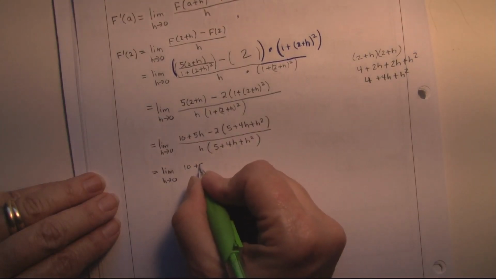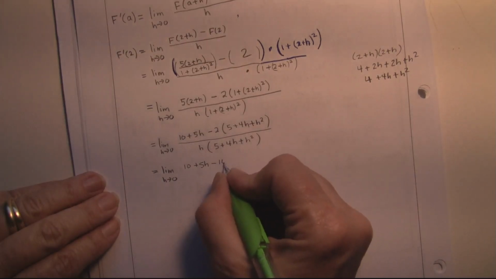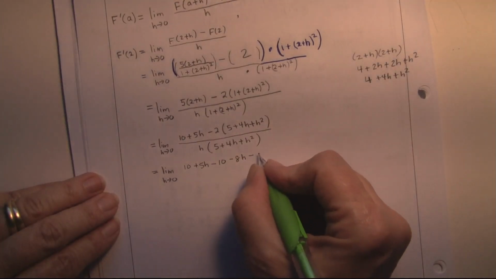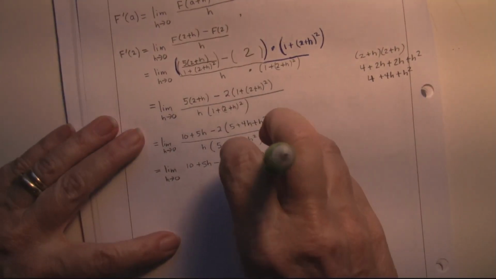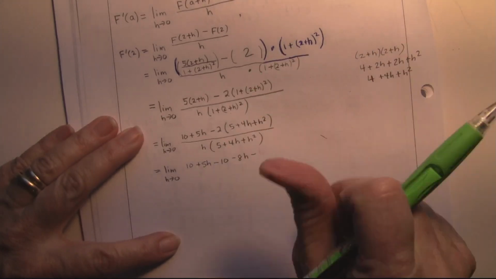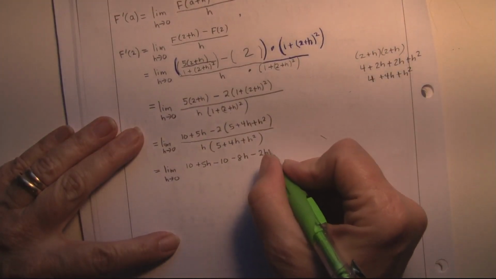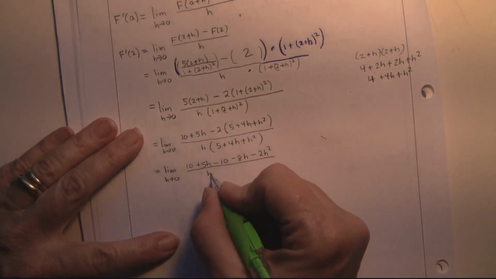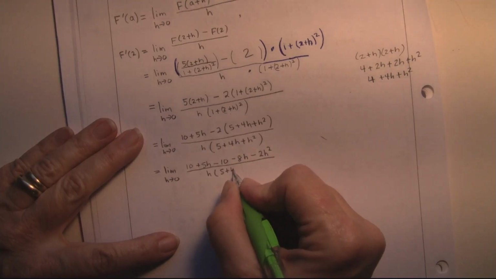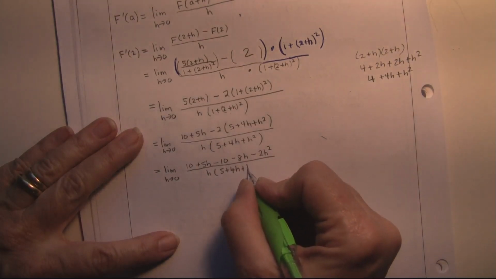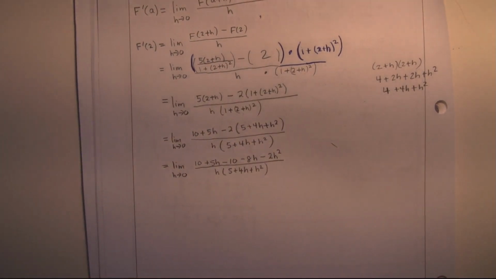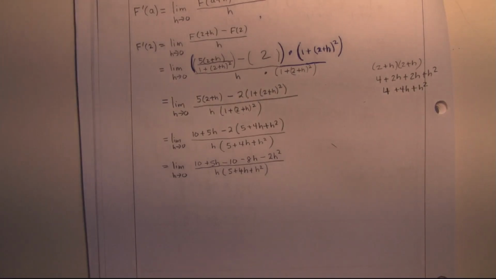10 plus 5h minus 10. I'm distributing the 2. Minus 8h minus 2h squared. All divided by h times 5 plus 4h plus h squared. So in the numerator, everything that has no h on it should cancel out.